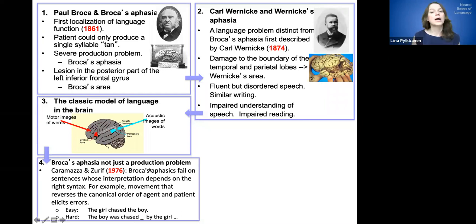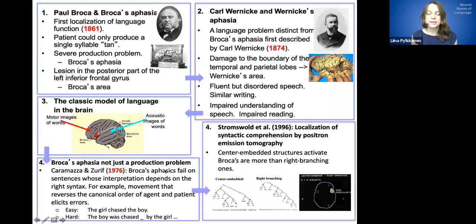That gives rise to the hypothesis that maybe Broca's area has something to do with syntax. And then in 1996, Karin Stromswold performed a very influential PET study where she examined these syntactically more complex sentences, the kinds of structures that Caramazza and Zurif and others had noticed to cause problems for Broca's aphasics, in a neuroimaging study.